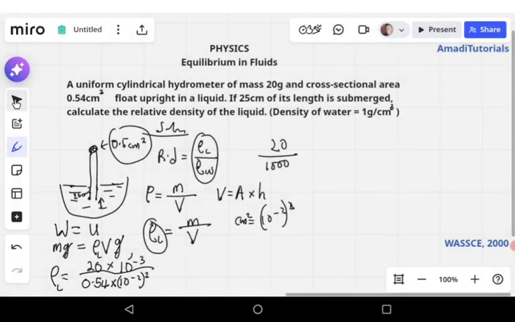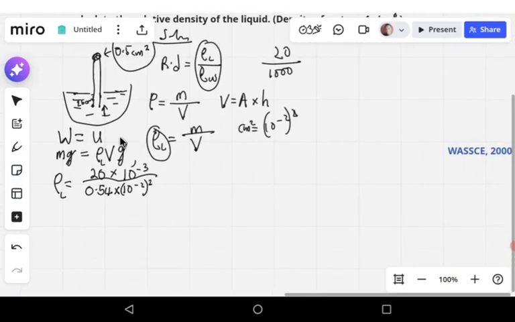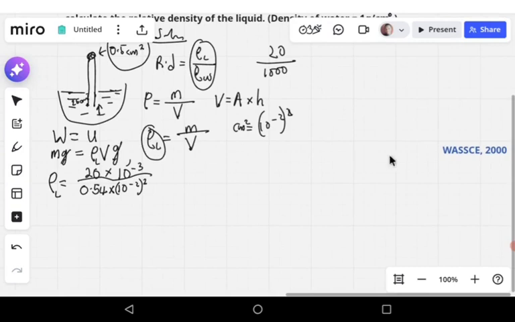Okay, excuse me. Let me move this thing up so I have space to write. So that's then times the height. The height we were given is 25 cm.